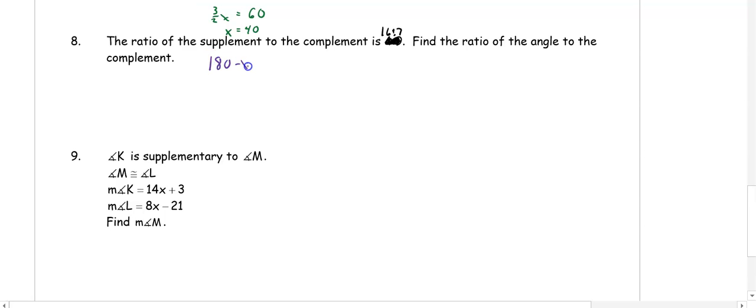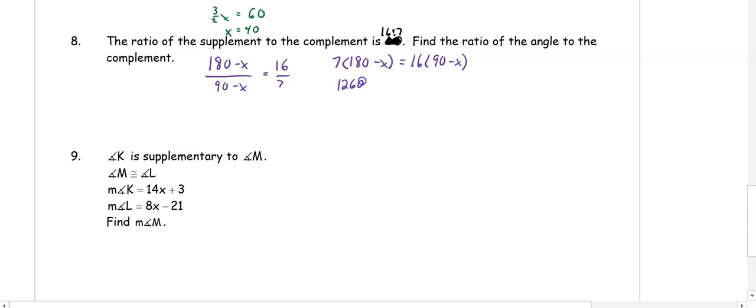The supplement is 180 minus x. The complement is 90 minus x, equals a ratio of 16 to 7. To solve our ratio, we're going to cross multiply. 7 times 180 minus x equals 16 times 90 minus x.